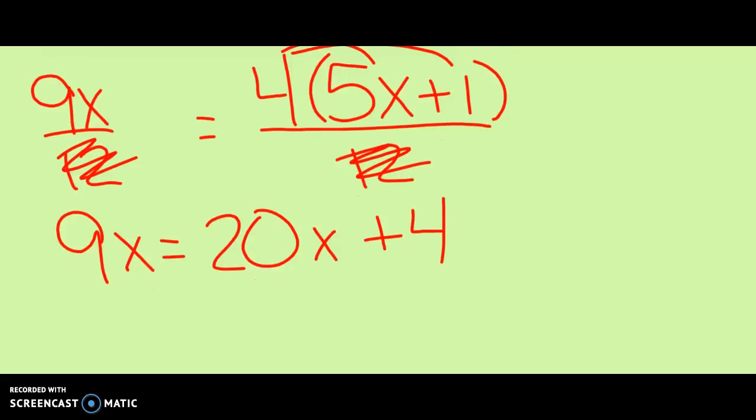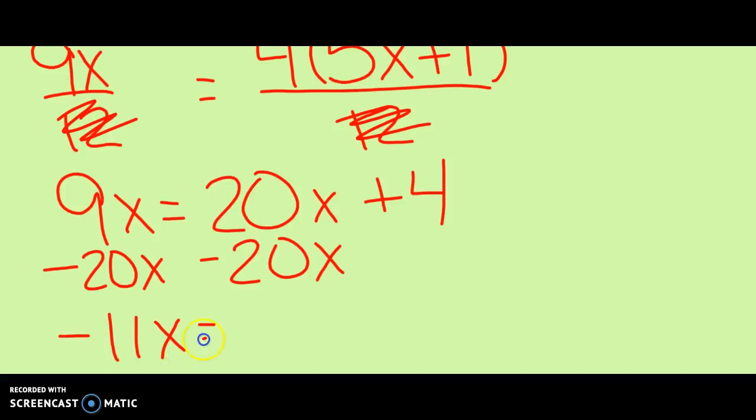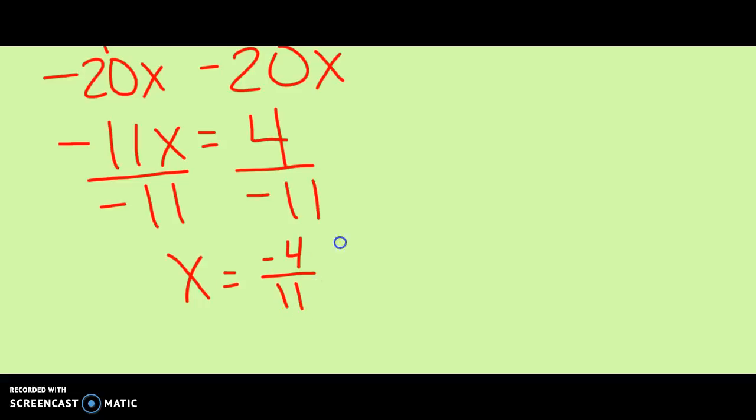And then you solve. This is going to end up being negative, and I have a feeling it's going to be some kind of fraction. 9x minus 20x should give us a negative 11x, and that's 4. Then we divide by negative 11, so x is equal to negative 4 over 11.